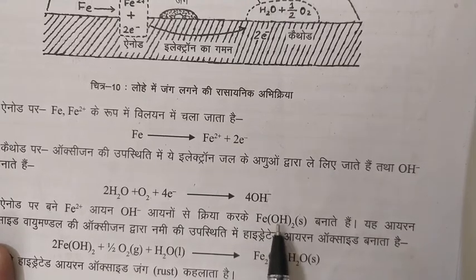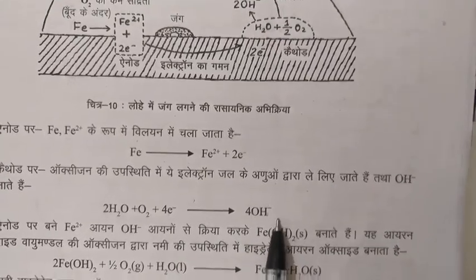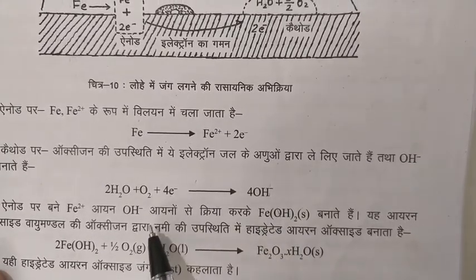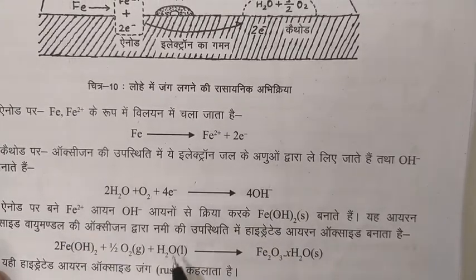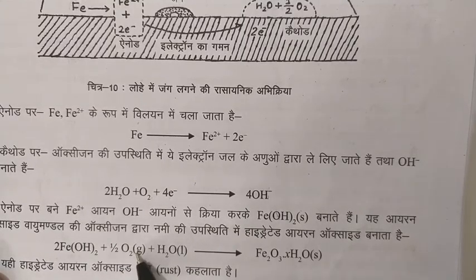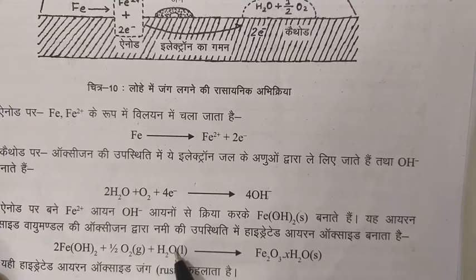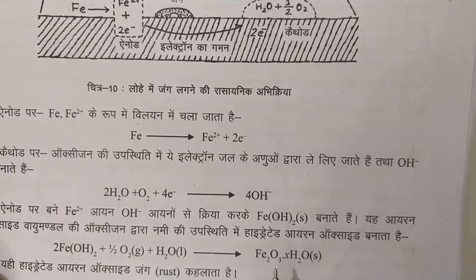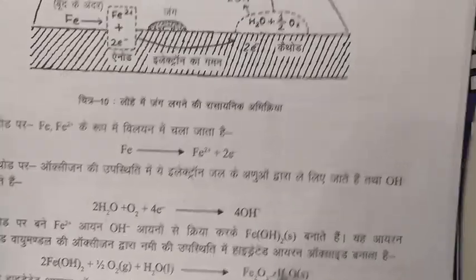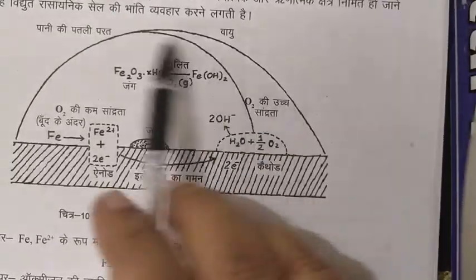This iron hydroxide comes into contact with atmospheric oxygen and is converted into Fe(OH)3 with half a mole of oxygen and moisture, and then into Fe2O3·xH2O. This iron oxide is known as rust, and this process is known as rusting.